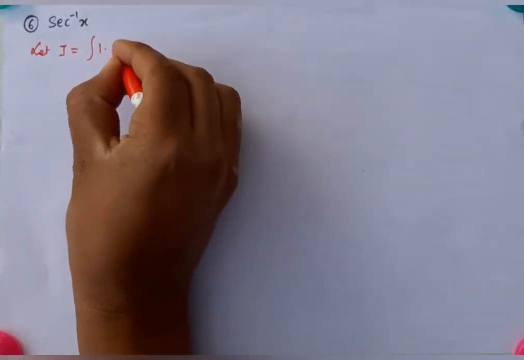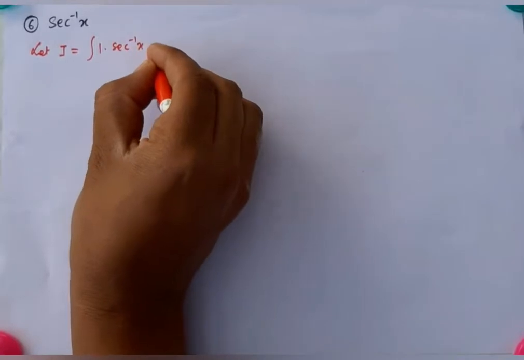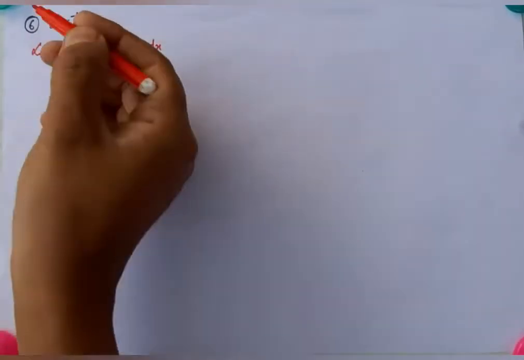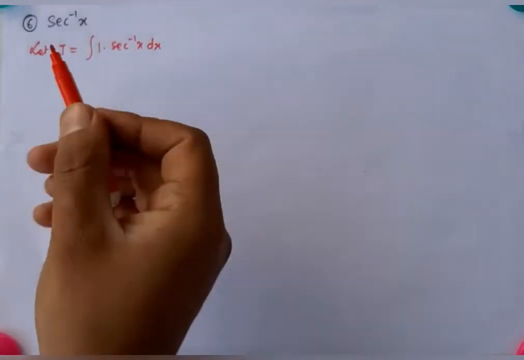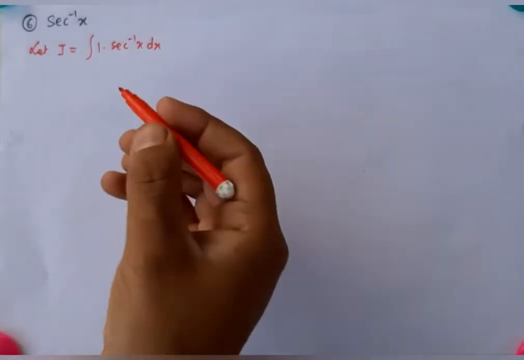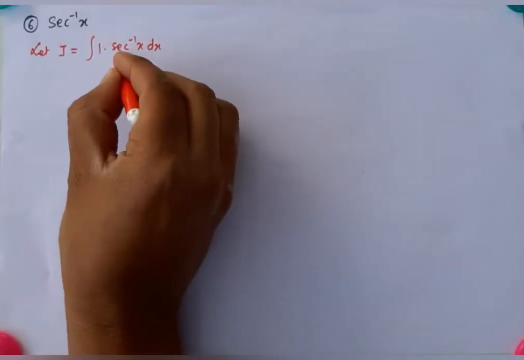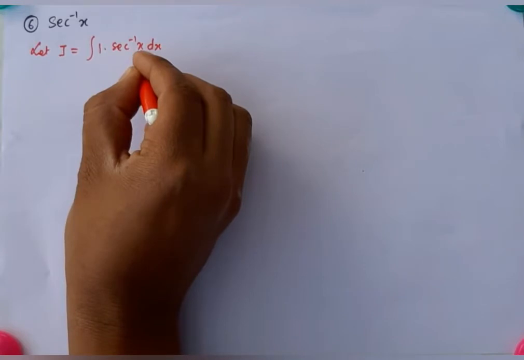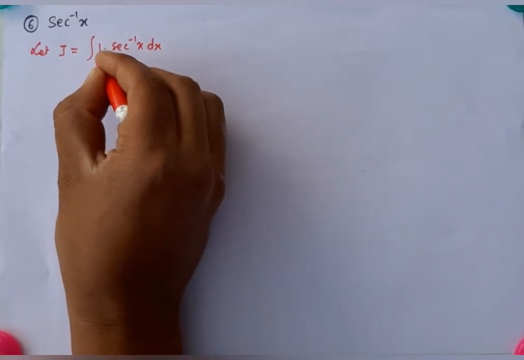Now let's observe this. Now you have only sec inverse x, which again belongs to inverse trigonometric functions. Let I equal integral of 1 into sec inverse x dx, because you don't know what the integral of sec inverse is, so you have to go for this only. Now as usual, this has to be considered as f1 and 1 has to be considered as f2.